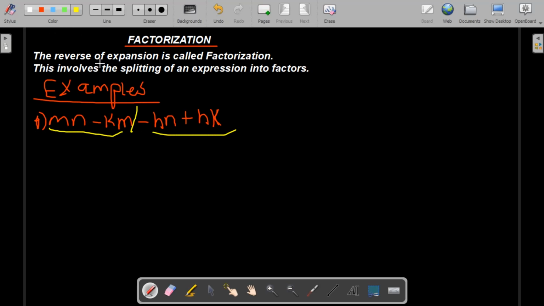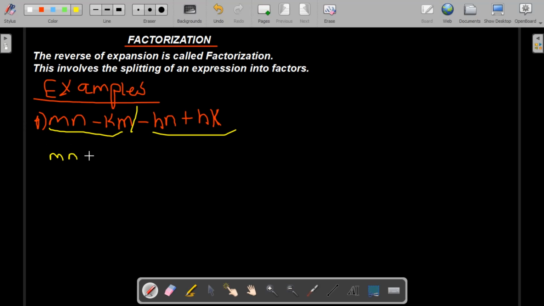So how are we going to do that? We're going to find the common factors between these 2 terms, term number 1 and term number 2. Or we can simply put them in brackets.